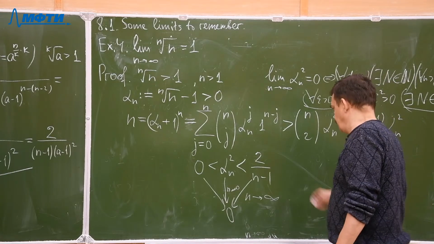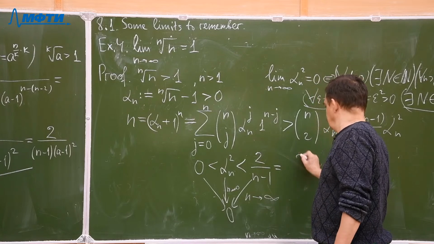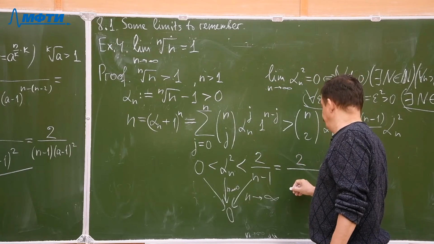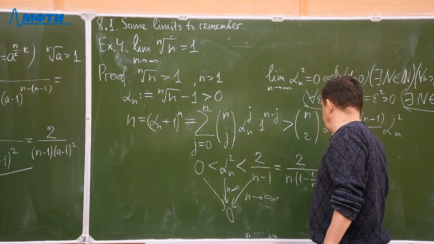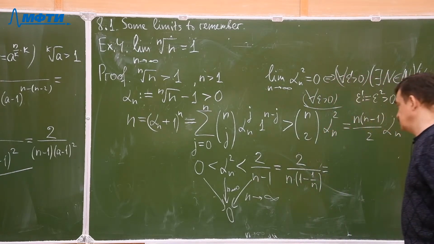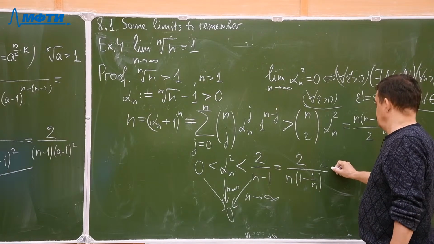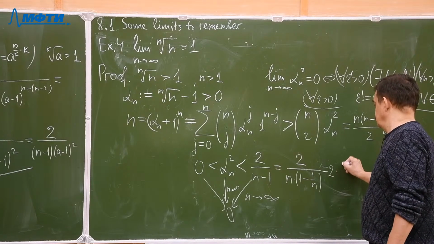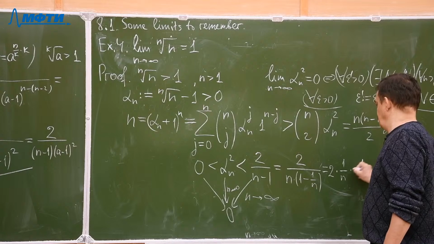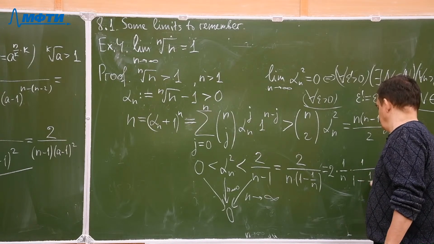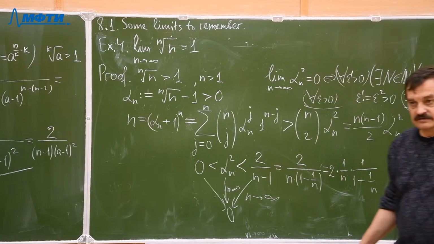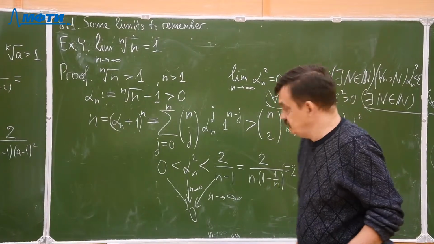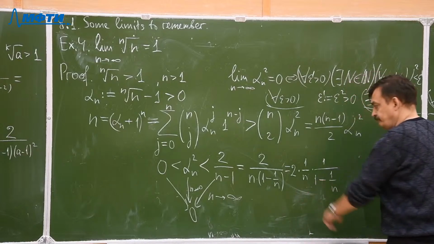Okay, I may rewrite, if it is not clear like that, 2 over n times 1 minus 1 over n. That is, let me write like that, 2 times 1 over n times 1 over 1 minus 1 over n. And then by properties of the limit, look.